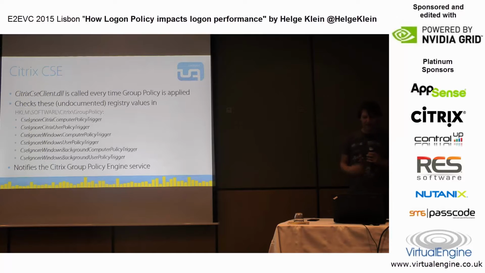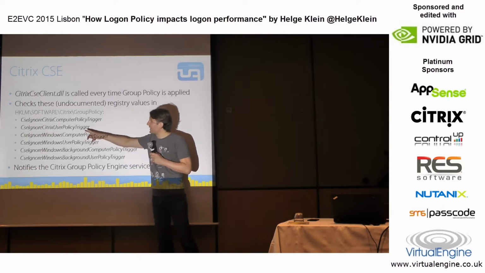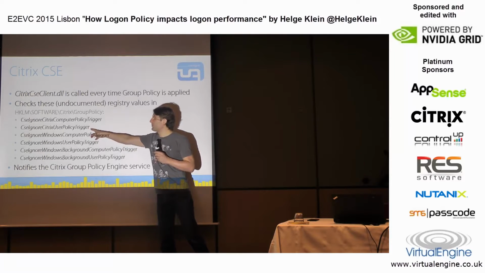Now, there's one generic Citrix client-side extension, one generic Citrix group policy module, which is called Citrix CSE Client DLL. This module is called every time group policy is applied. It looks at a few undocumented registry values that have interesting names, like CSE ignored Citrix user policy trigger.